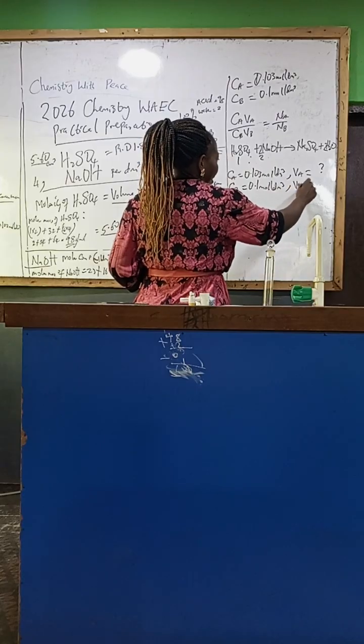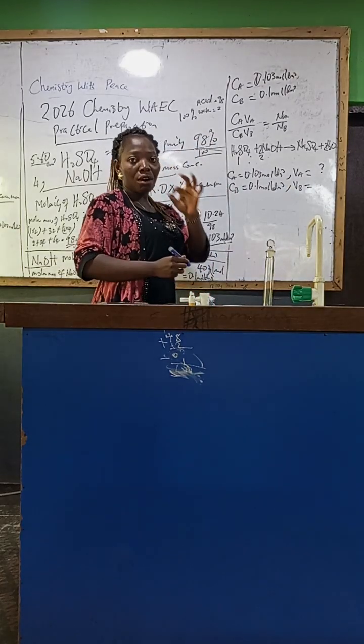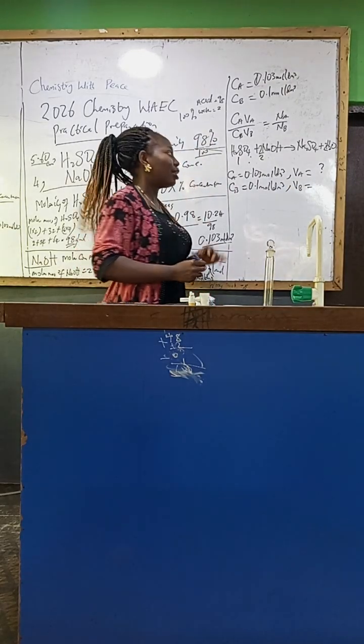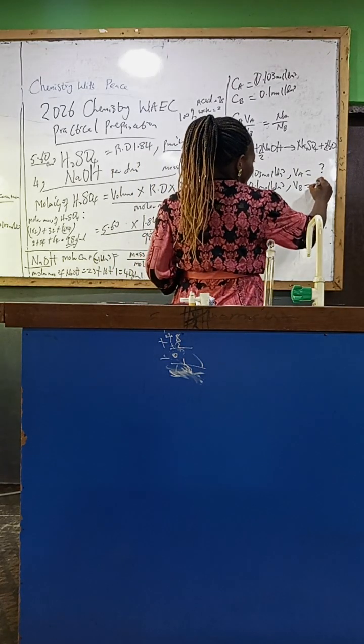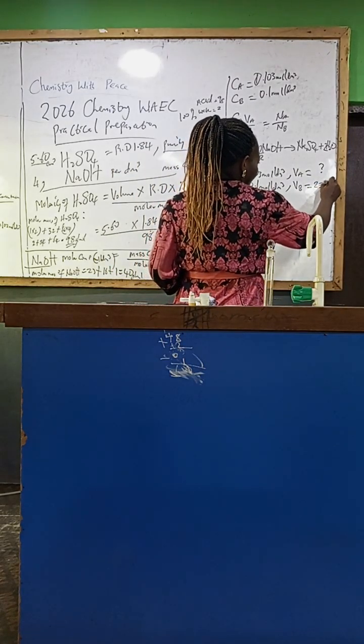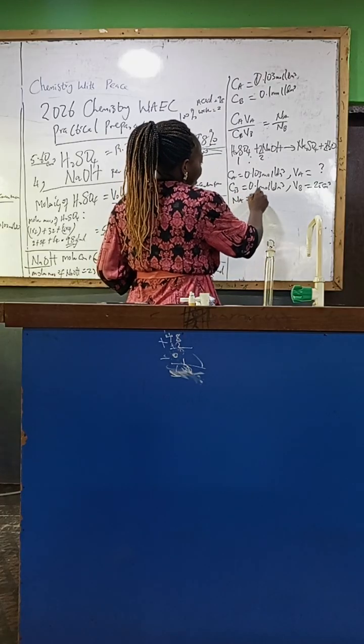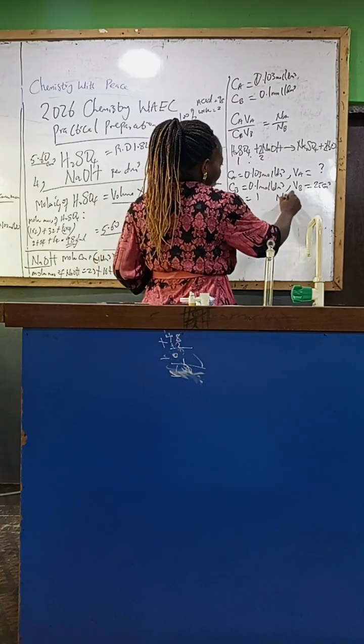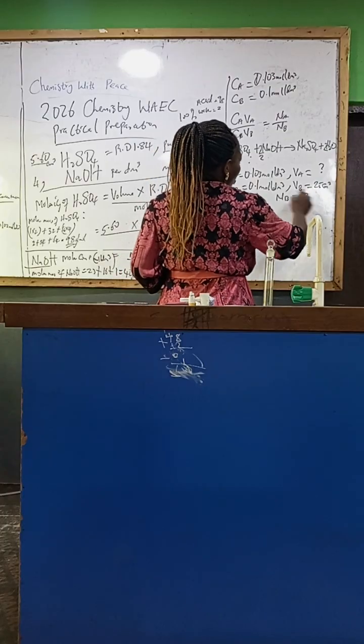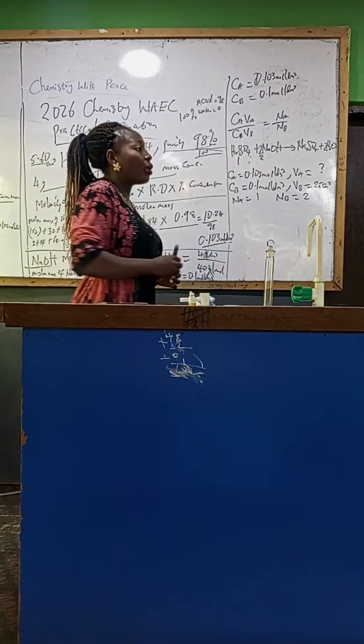Our Vb is the volume of the pipette that you use during titration, so our Vb is 25 cm cube. Then our Na is 1, our Nb is equal to 2 from this equation.